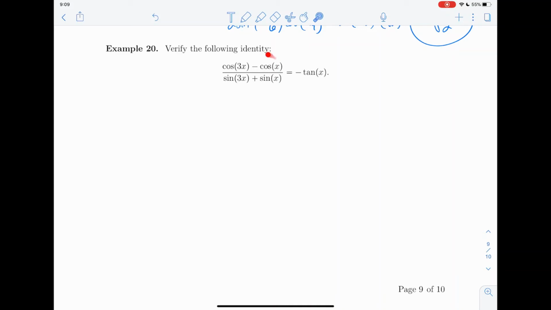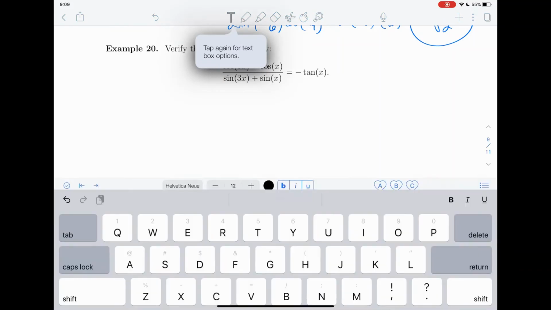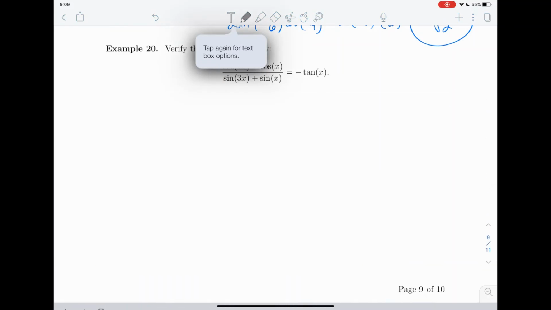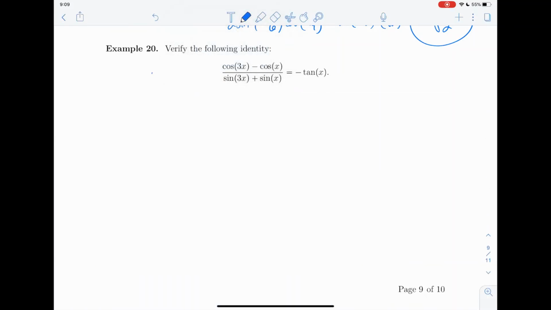We'll start with the complicated side, and we'll observe that the top is cosine minus cosine, and the bottom is sine plus sine. Those themselves have formulas. What we'll see here is that cosine of 3x minus cosine of x all over sine of 3x plus sine of x. Well, the top has a formula.